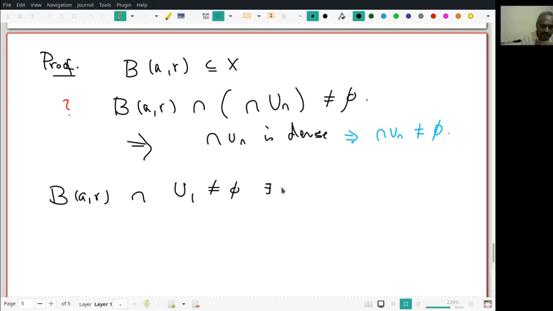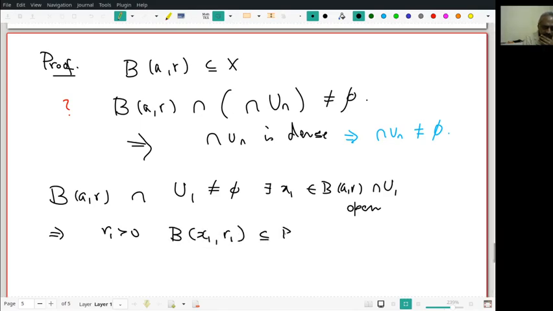But it's also open. Okay, this is not empty. That means there is an x1 which is in B(a, r) intersect U1. But this is an open set, this is also an open set, therefore this is also an open set. Therefore, I know there exists an r1 positive such that V(x1, r1) is contained in B(a, r) intersection U1.